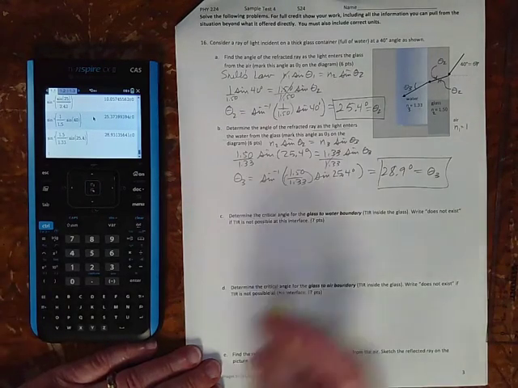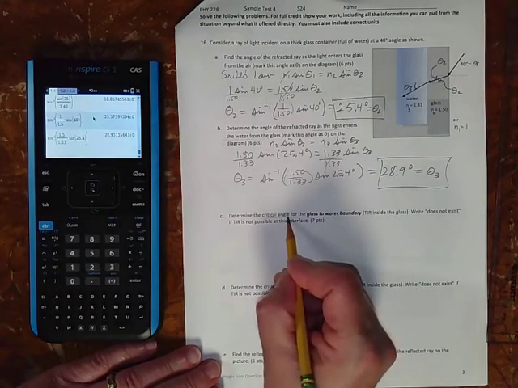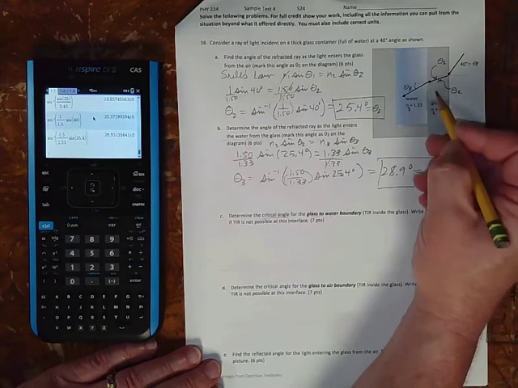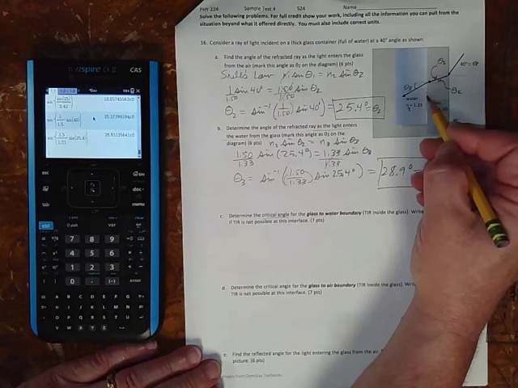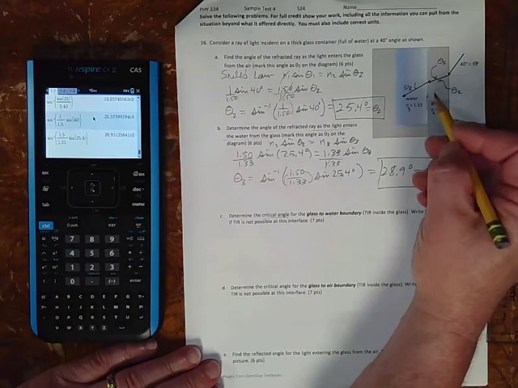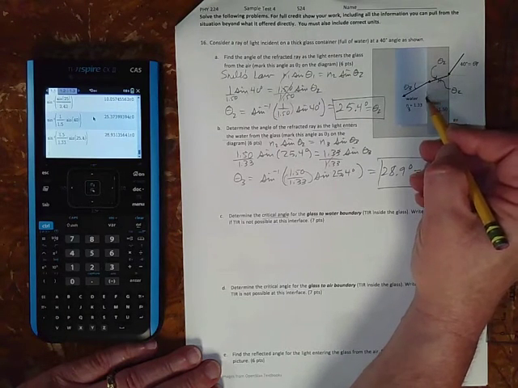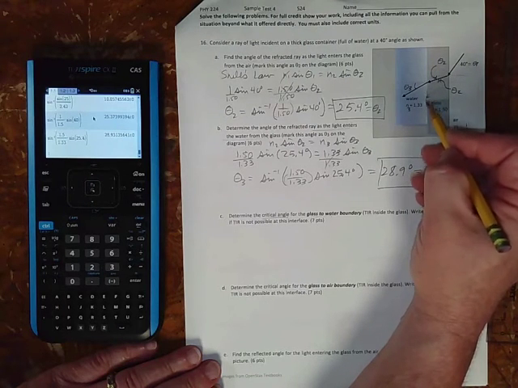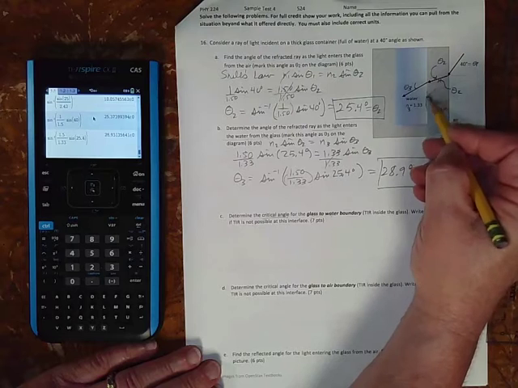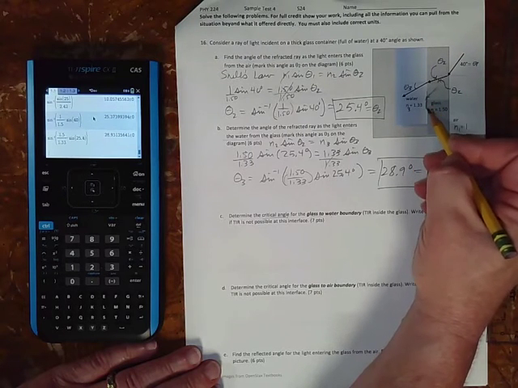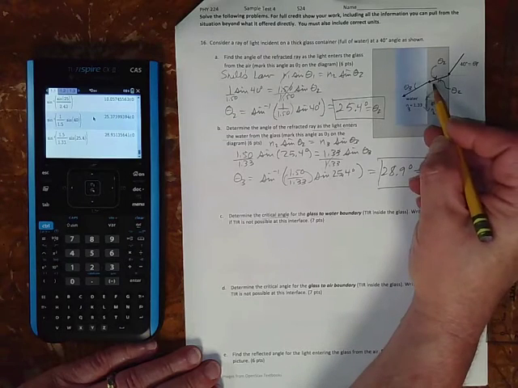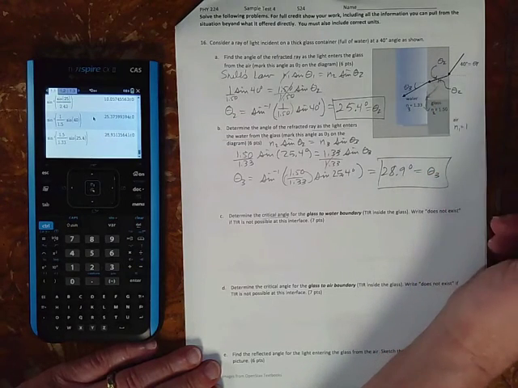All right. Determine the critical angle for the glass to water boundary. So we're talking about right here. Light's coming in, and what's the smallest angle that causes the light, when the light that gets into the water ends up being 90 degrees, and so after that, when you get bigger than theta critical, it's all going to be inside, right?